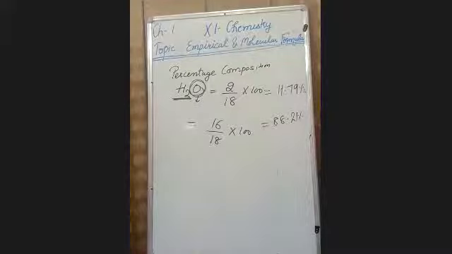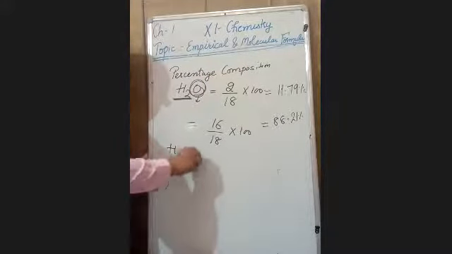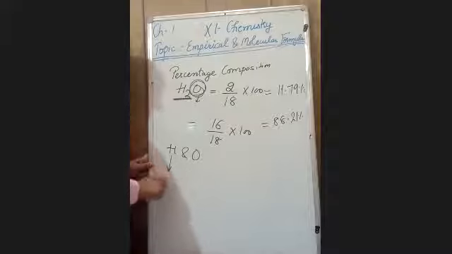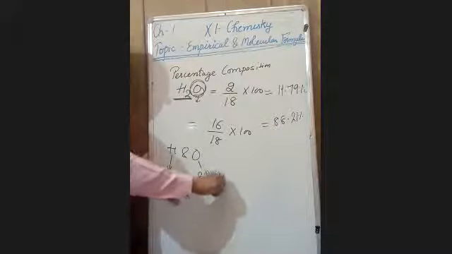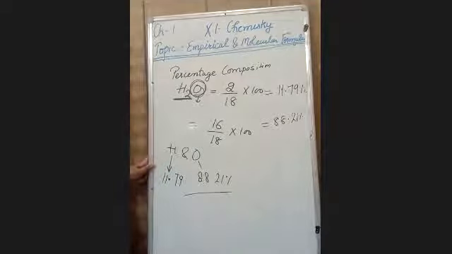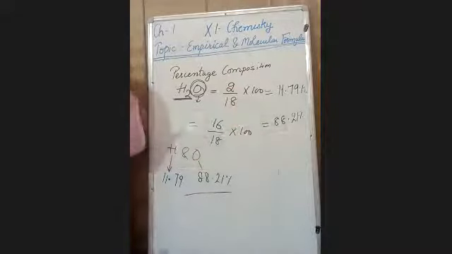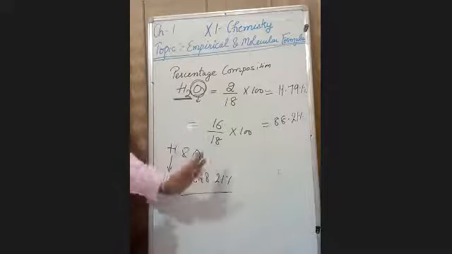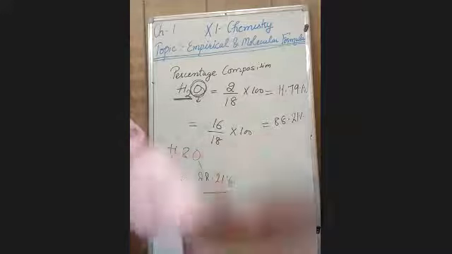If I give you the reverse question, that there are 2 elements H and O, where the percentage of hydrogen is 11.79% and oxygen is 88.21%, write its empirical formula. My dear students, you just solved this question, so you might know the answer. You will say, ma'am, it's H2O, because you recently solved this. But there are millions of compounds in chemistry.